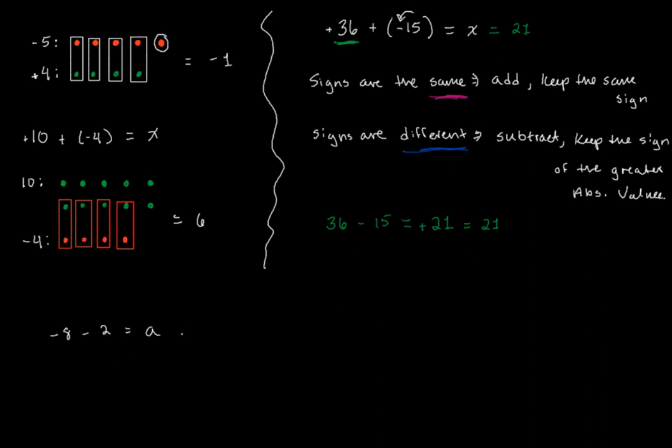All right, and we could draw our dots out if we want to. Why don't we do that just to be consistent here? So let's take negative 8, and that's this down here. Let me change colors here because negative was orange. I'm going to use my orange dots. 1, 2, 3, 4, 5, 6, 7, 8.